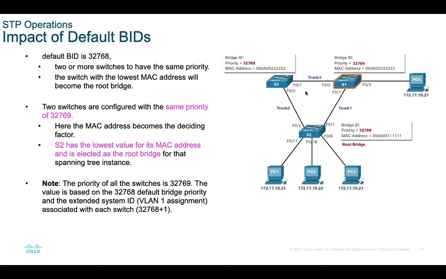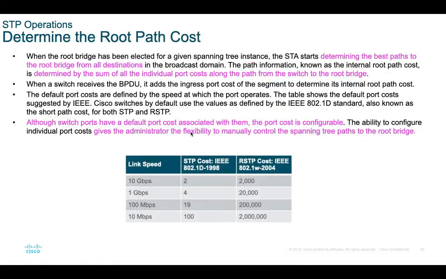So all these trunks or connections have a value. So what kind of connection do we use? If we are using 10G, 10 gigabit per second, the value is 2. If we are using 1 gigabit per second, the value is 4. But if we are using 100 megabit per second, fast Ethernet, the value is 19, and Ethernet is 100.